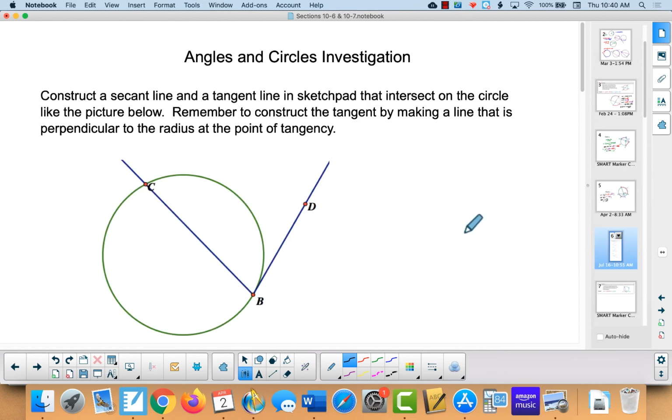All right, the second part of your investigation, you were supposed to look at the secant and tangent line that intersected on the circle. So that's important that the vertex is on the circle.